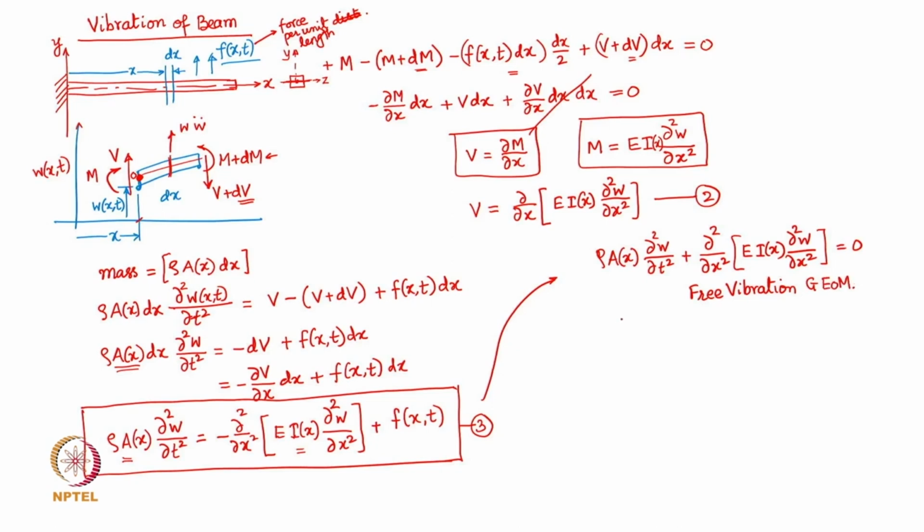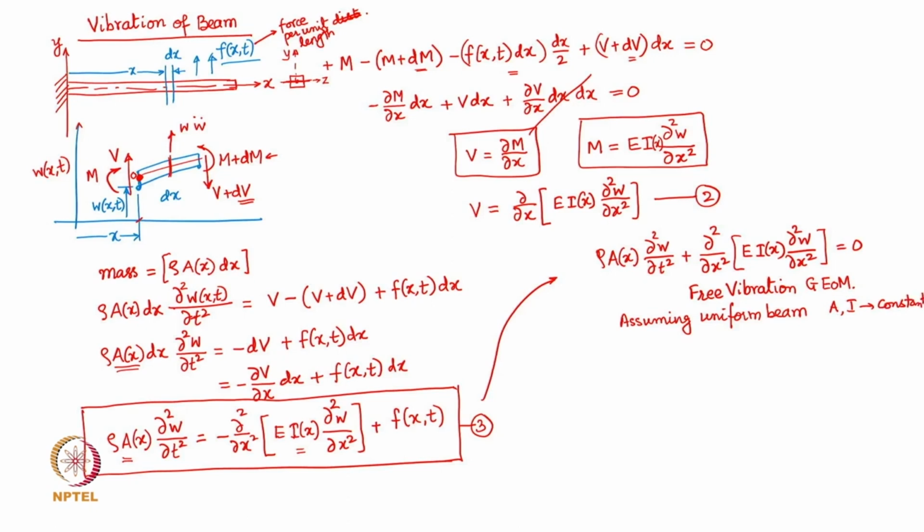Now we make one more assumption, that the beam is uniform. Uniform beam means that A as well as I, both of them are constant throughout, which means that the beam has the same cross sectional dimensions throughout.